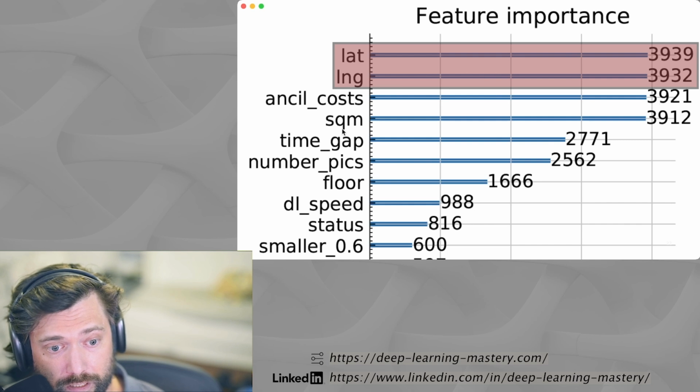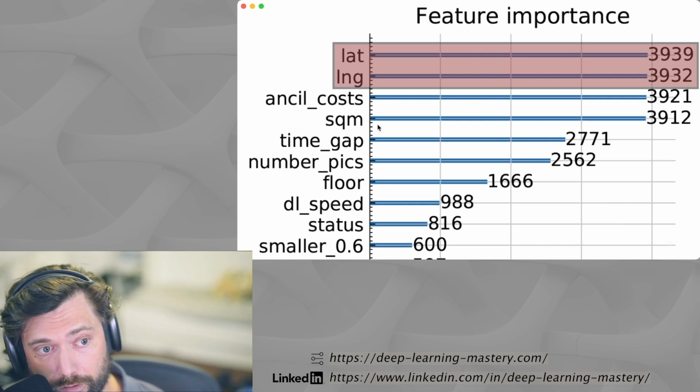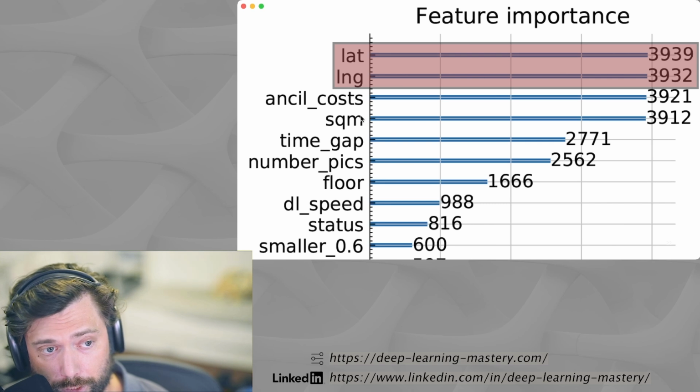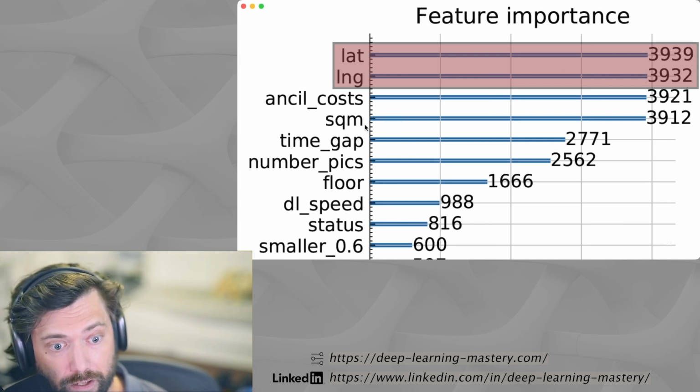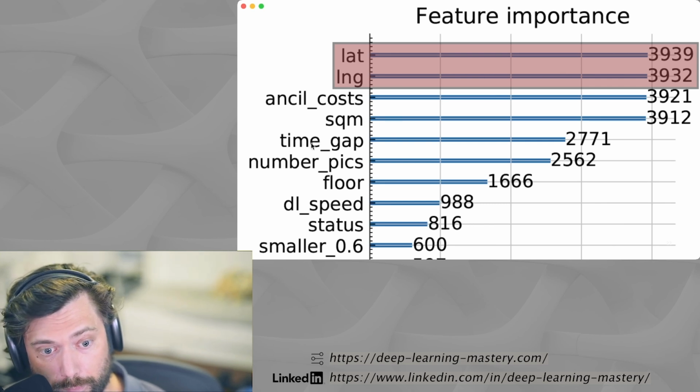Square meters is just how many square meters a rental apartment has, basically. And then we use the time gap, which is what we derive from the listing and unlisting values. And the number of images was also important. And the floor, and then we have the download speed.